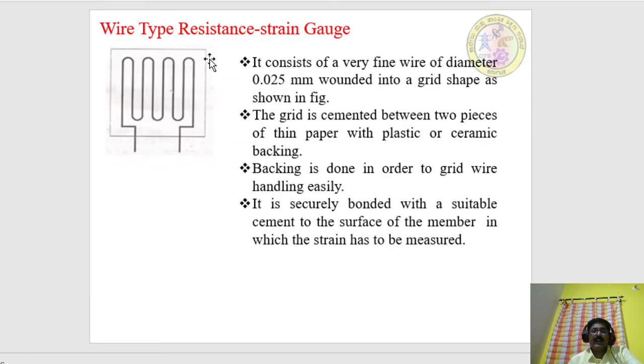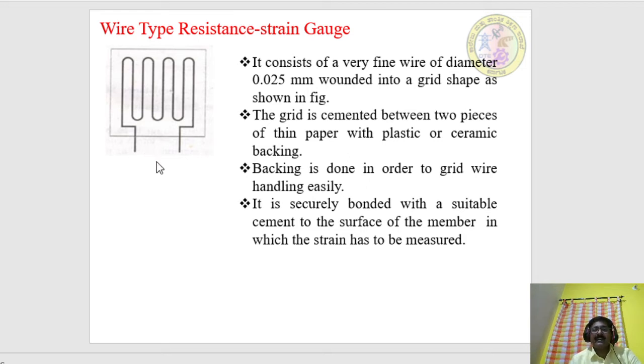In the wire type resistance strain gauge, this is a sectional view which shows the wire type resistance strain gauge structure. It consists of a very fine wire of diameter 0.025 millimeter wound into a grid shape, and the grid has been cemented between two pieces of thin paper with plastic or a ceramic backing material.